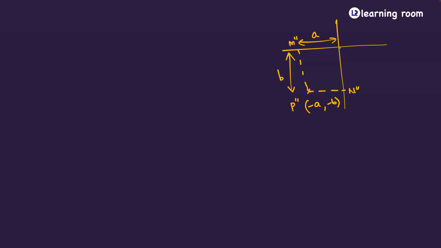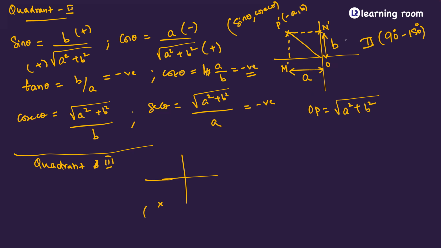So from O to P double dash, if I join, then if I take this angle, okay, listen, I just want to mention one more thing. Here I took this to be theta. I'm sorry, my mistake.